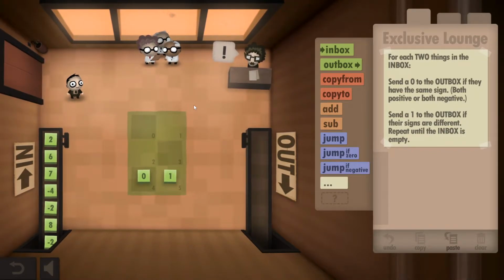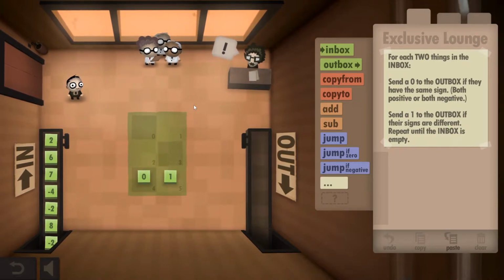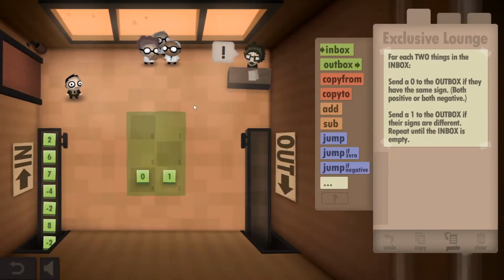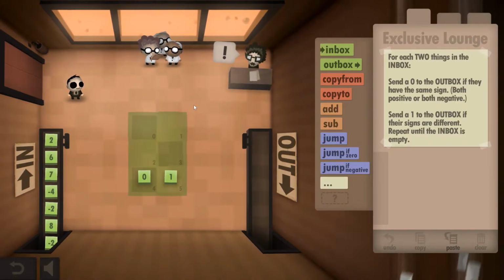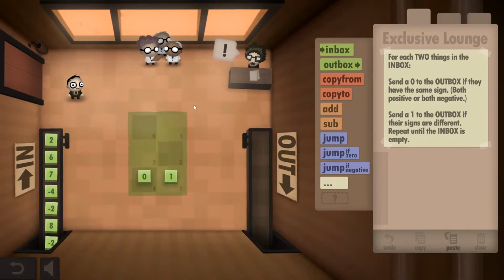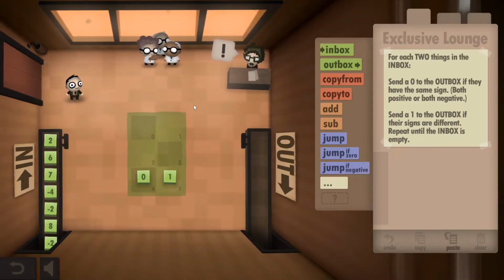Now, if you multiply an even number by an even number, you always get an even number. If you multiply an odd number by an even number, you always get an odd number. So I think all we really need to do here is add a copy of the number to itself, which is the same as multiplying by 2, and then check the sign on that. So let's give that a shot.